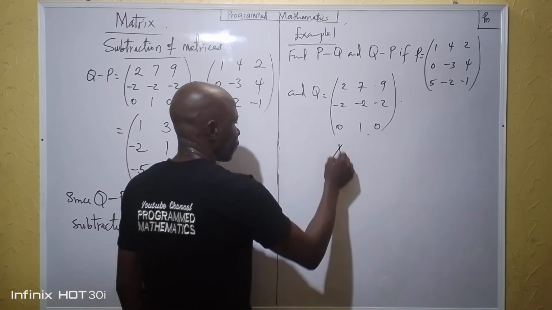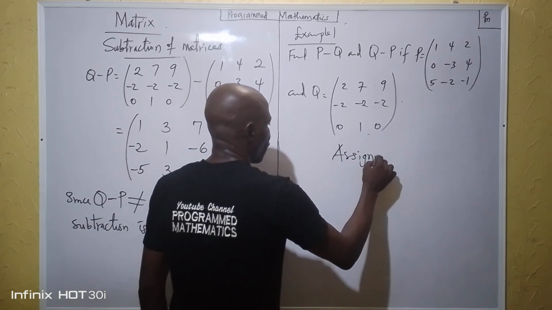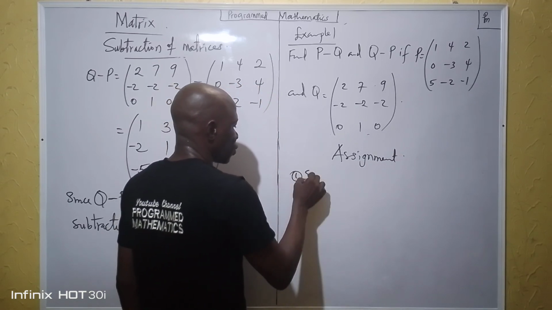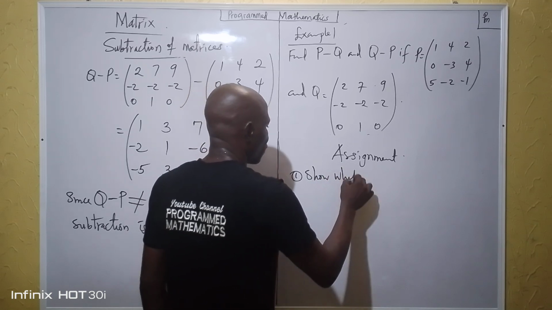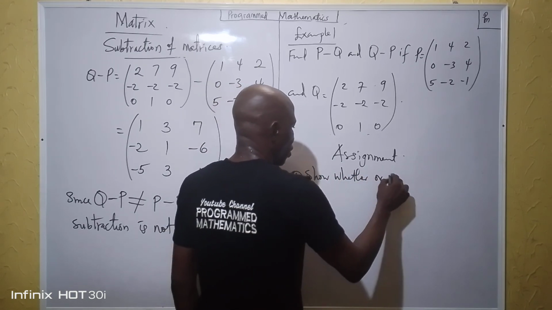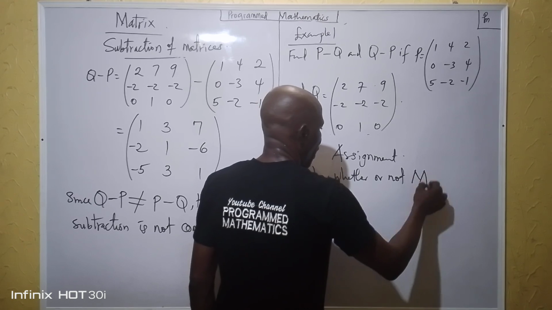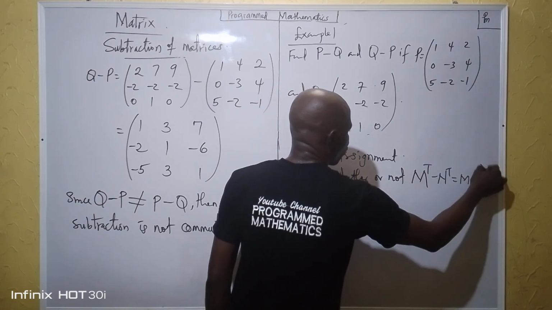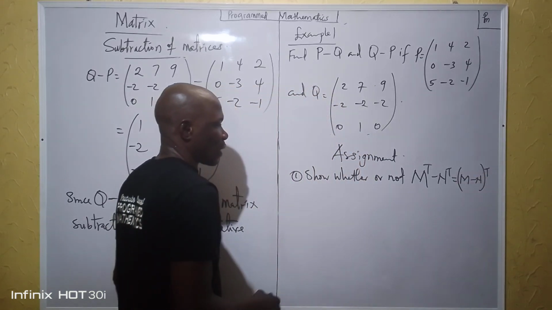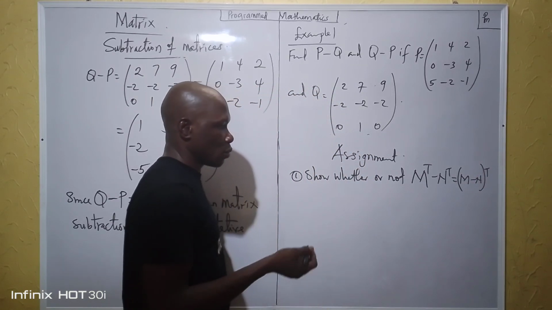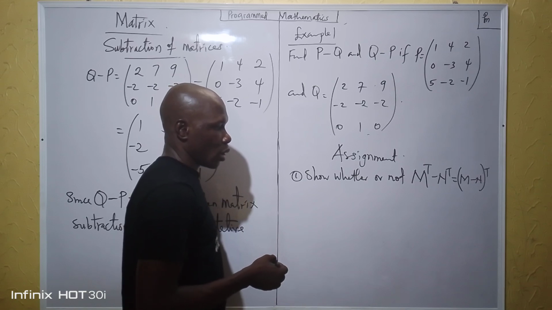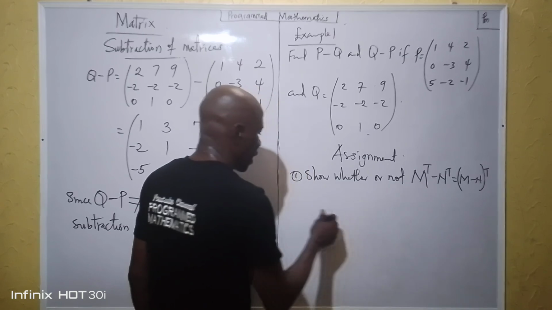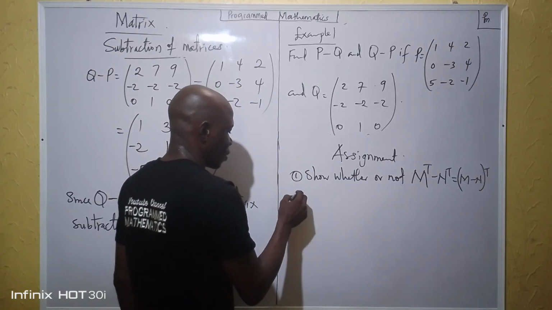Number one, you have to show whether or not M transpose minus N transpose is equal to M minus N transpose. You can decide that. Use any matrix of your choice. If you want to go by 2 by 2, 3 by 3, or whatever dimension, so long as M and N have the same dimensions or order.